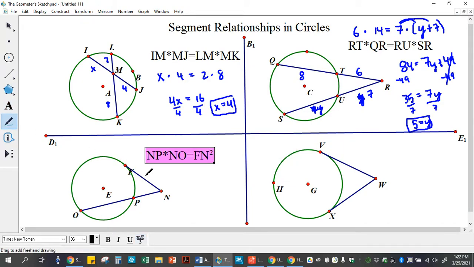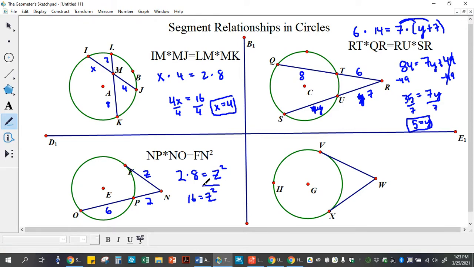We can give it a quick try. If I call the tangent z, maybe the outside portion here is 2. And I'll make this work out nice and pretty. NP is 2 times NO. Again, 2 plus 6 is 8. I'm going to set that equal to the tangent squared. 16 equals z squared.